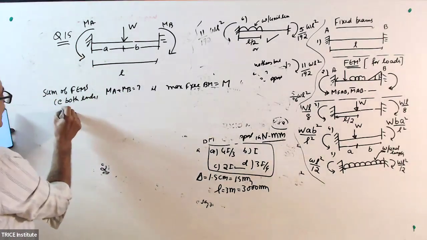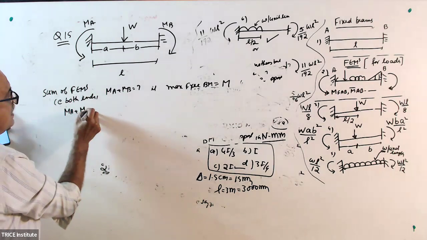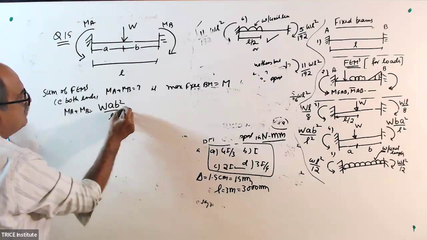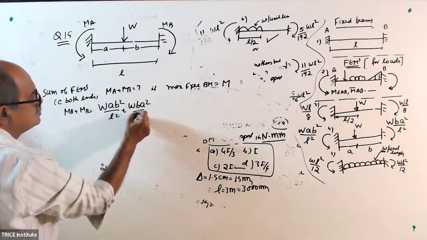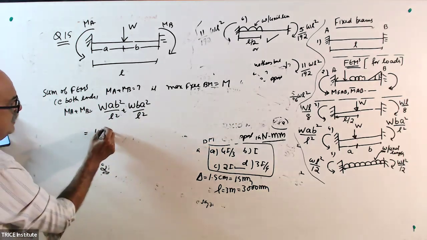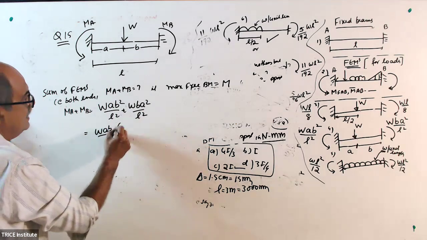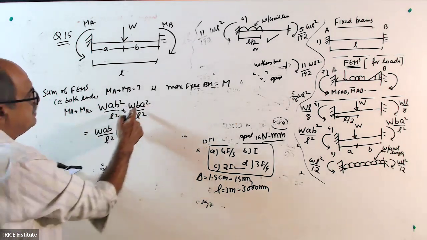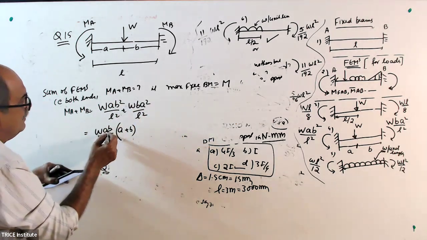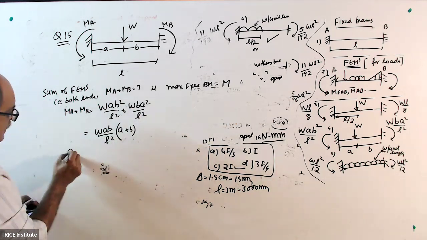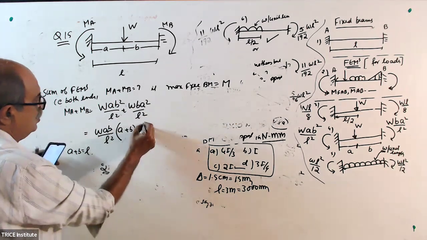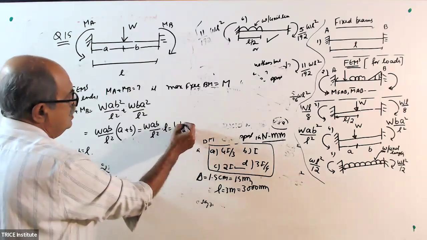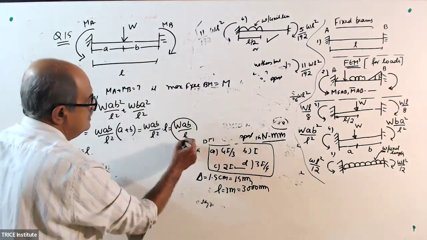First you write MA plus MB. MA equals WAB square by L square, plus WBA square by L square, which equals WAB by L square into A plus B. But you know that A plus B equals L, so it equals WAB by L square into L, which equals WAB by L. Clear?